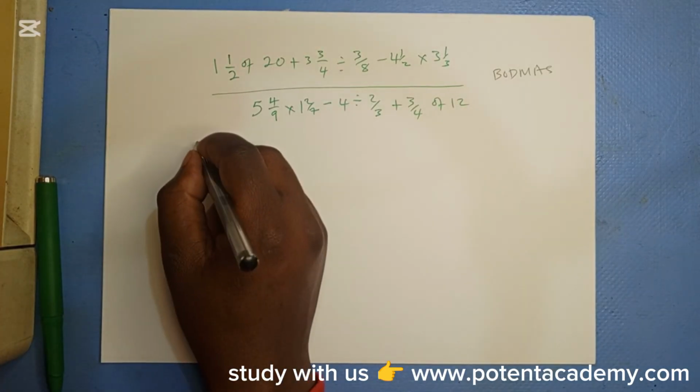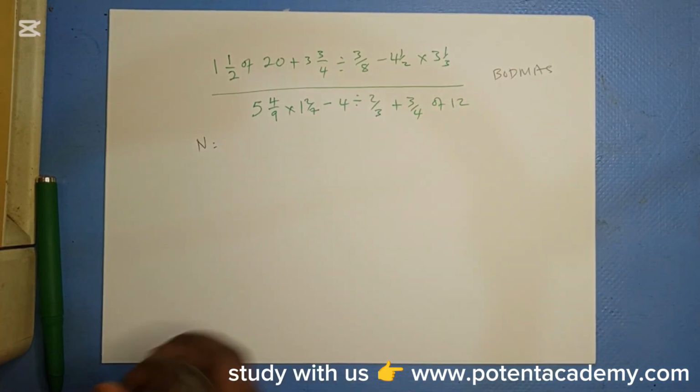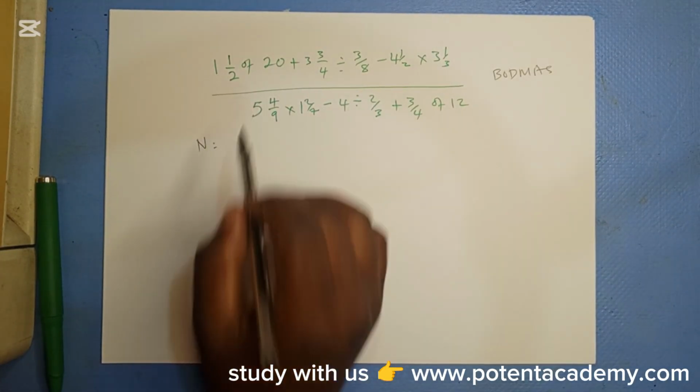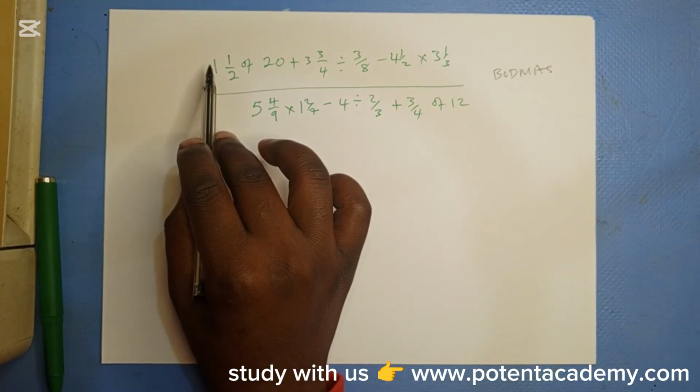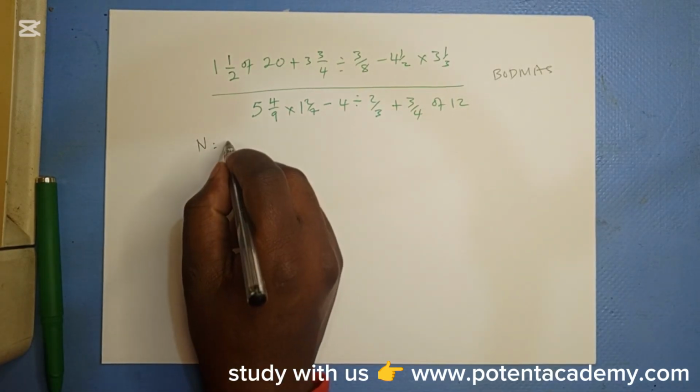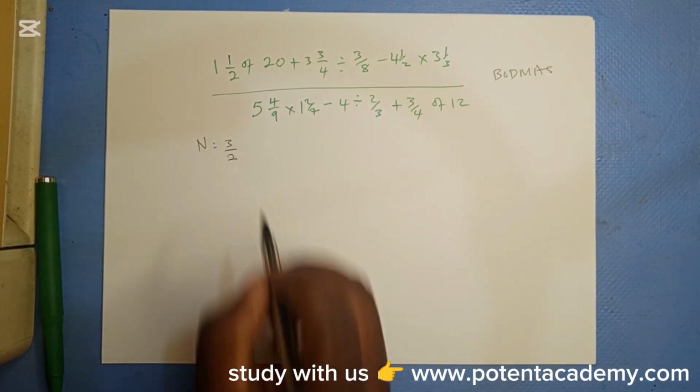So the first thing, you start with the numerator. You can rewrite the numerator while you are converting every number into an improper fraction for easy operation. So 1 and a half will be 1 times 2 is 2, plus 1 is 3 over 2.